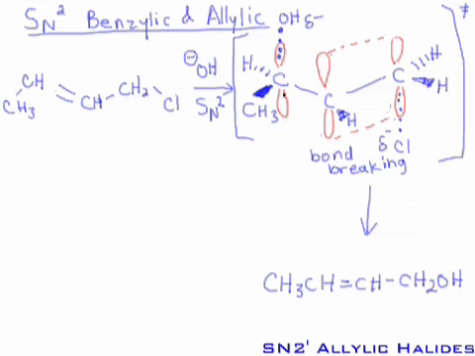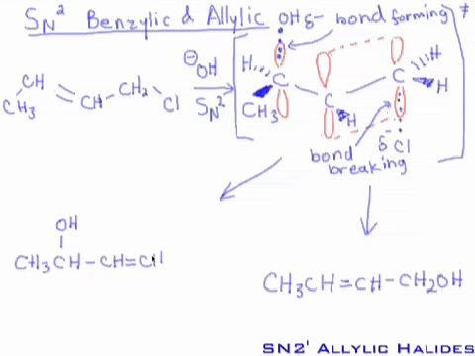And this is the pi that's stabilized in the transition state, where this bond is breaking and this bond is forming. Well, if this does happen, you would get this product.